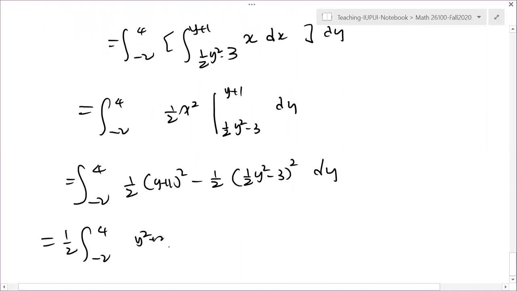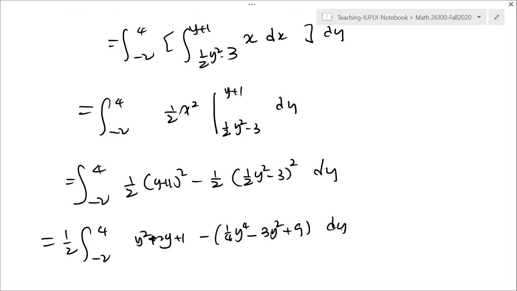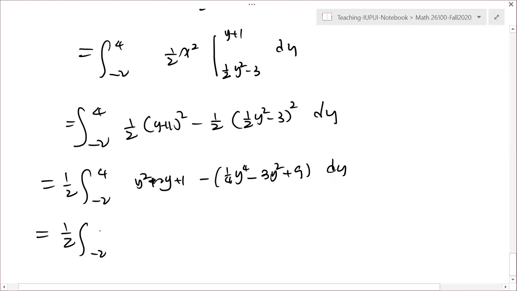This is y squared plus 2y plus 1, and this will be 1/4 of y to the 4th power, minus 3y squared plus 9. Then you simplify it. It's a polynomial anyway. So you get negative 1/4 of y to the 4th power, minus 4y squared, plus 2y. 1 minus 9 is -8.